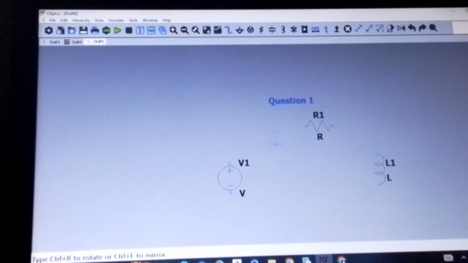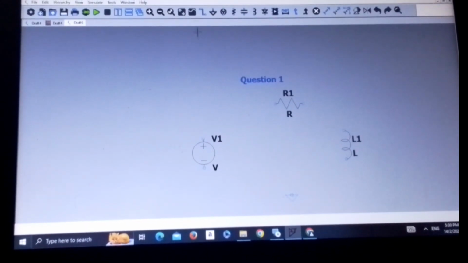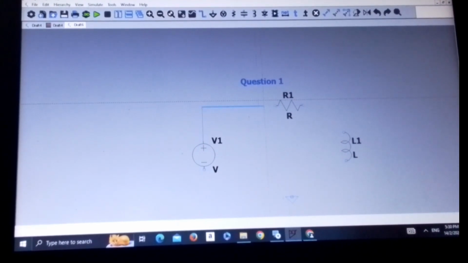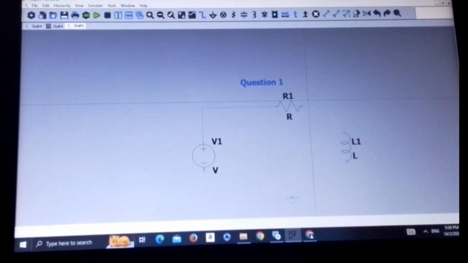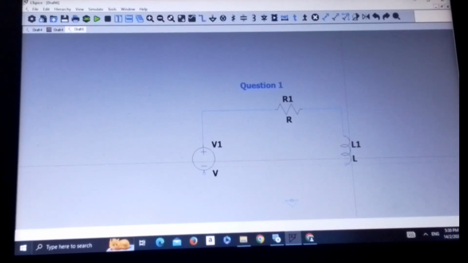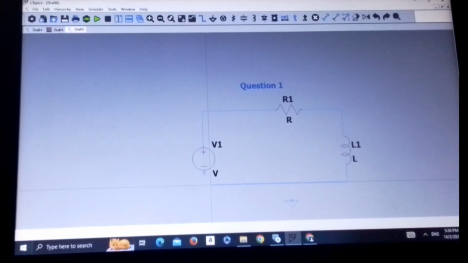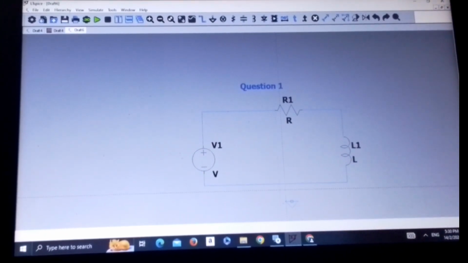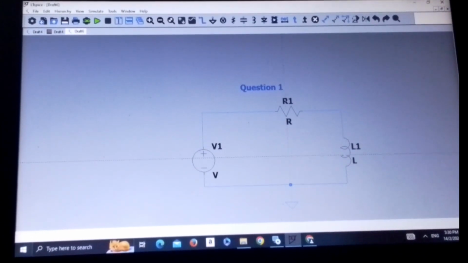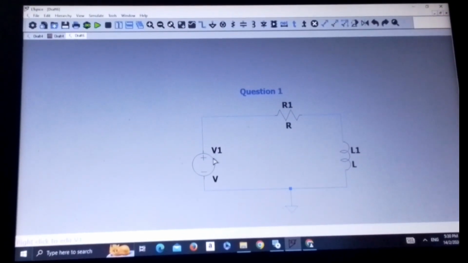Put the ground, and then connect all of the components with wire. After that, just put the value for all of the components.